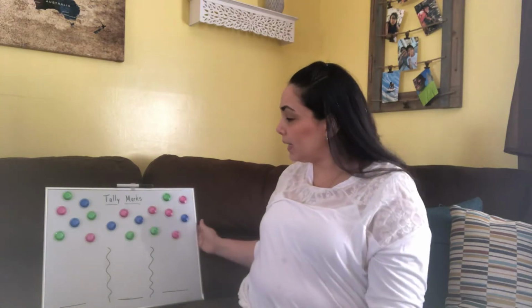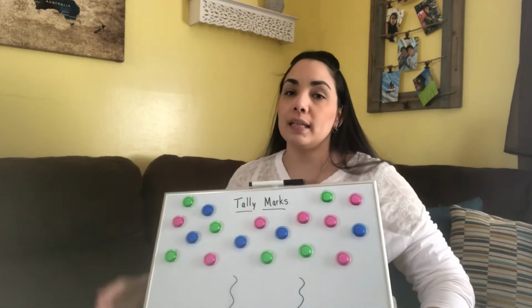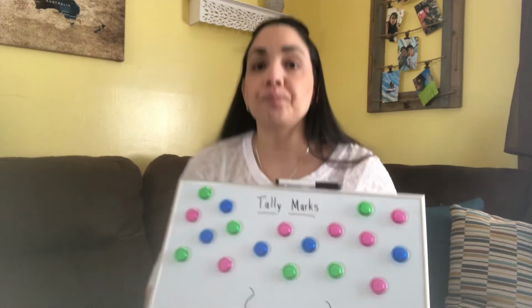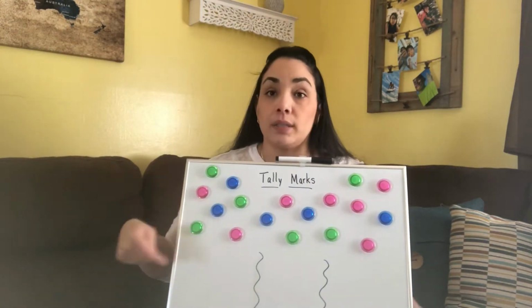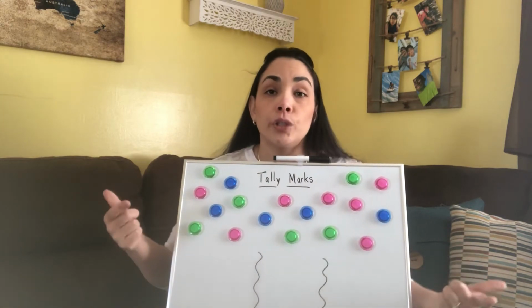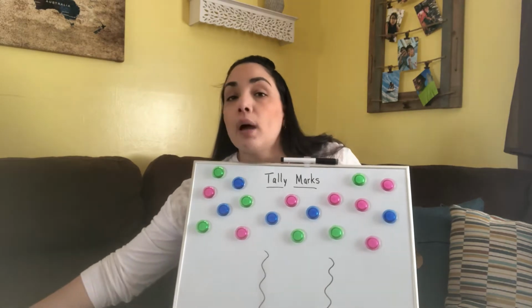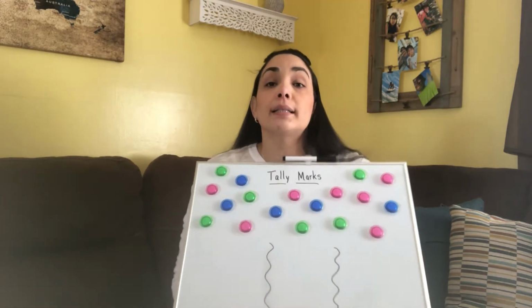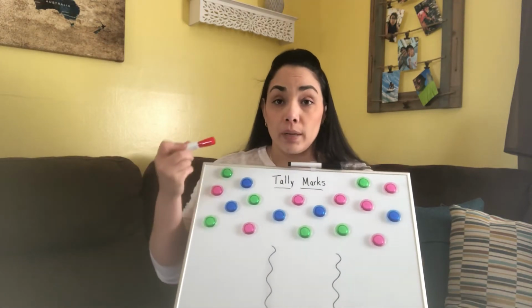So what I want to show you right now, I'm going to pull up my board, and as you can see, I have different color magnets. I have 3 colors: the pink, the green, and the blue ones, right? I'm going to have you help me from home. We're going to start with the pink ones.